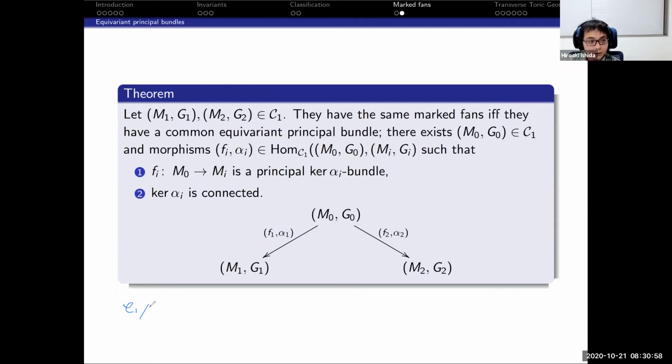So there's an essentially one-to-one correspondence between the following classes.